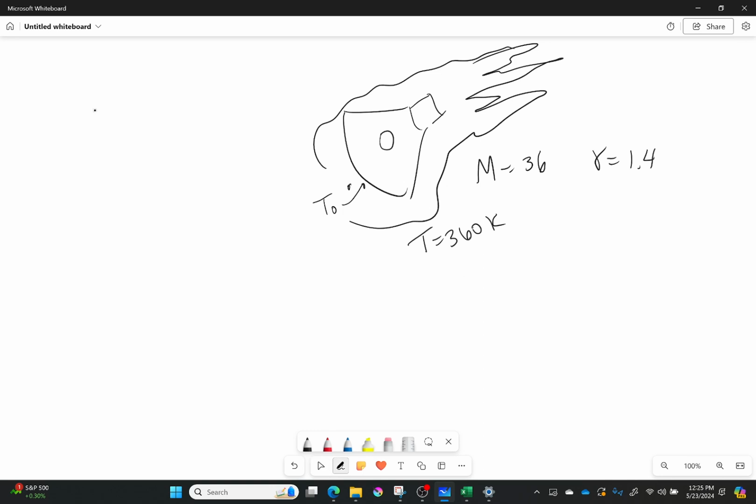So in those equations, we have that T naught over T is equal to 1 plus (gamma minus 1) over 2 times the Mach number squared. Okay? So that's the big thing there. It's not a difficult equation. And so I can plug all that in. I get T naught over T is equal to 1 plus (1.4 minus 1) over 2 times 36 squared.